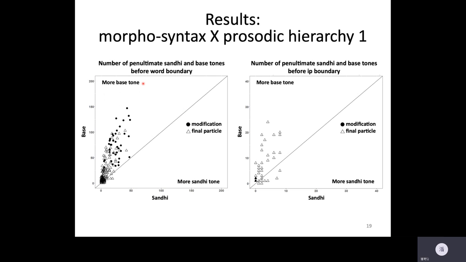Next, we explore the interaction between morpho-syntactic factors and prosodic factors. On the left are the base and Sandhi tones produced by each speaker before modification marker and final particles in word final position. On the right are the base tone and Sandhi tones produced before intermediate phrase boundary. As we can tell from these two graphs here, regardless of the prosodic position, there are more base tones than Sandhi tones produced before modification marker and final particles.